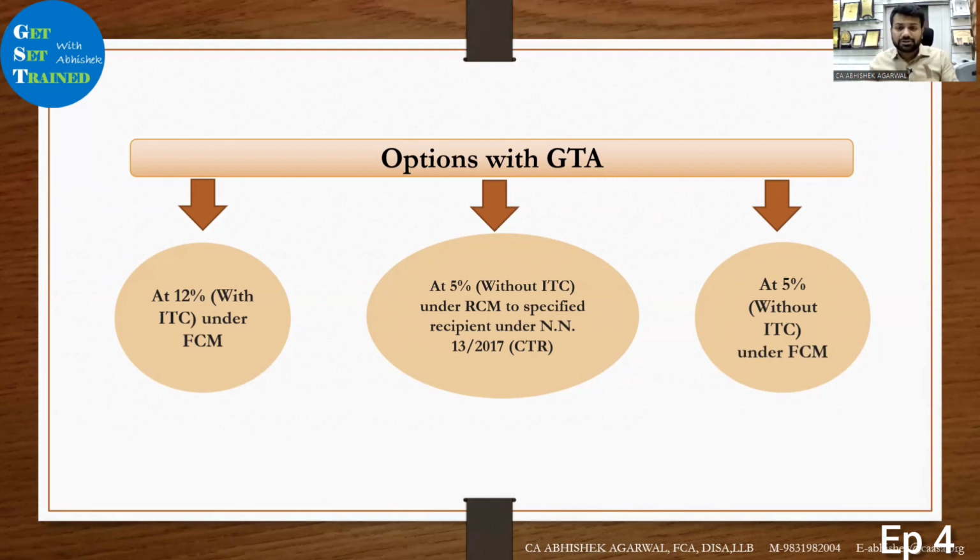Number three, the GTA can levy GST only at the rate of 5%, and they will be restricted from using any ITC. It means if they follow the third option, then they have to pay 5% GST in cash only, right?